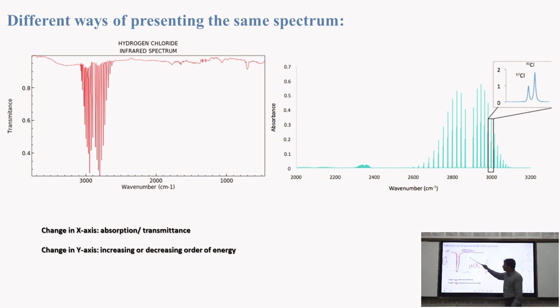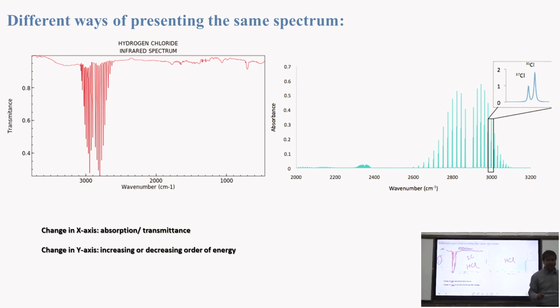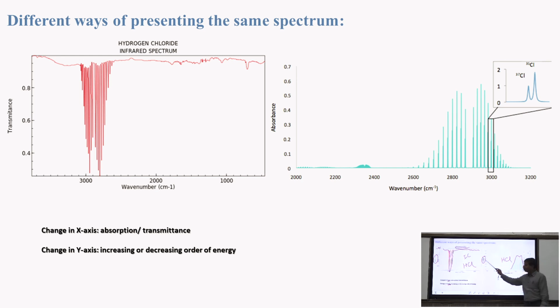Usually the IR spectrum is recorded in this way. Inorganic chemists like the IR spectrum like this, in transmission mode. But if you do it in absorbance mode, then the spectrum looks like this one. So this is in absorbance mode. And the scale here, this side is 1000.